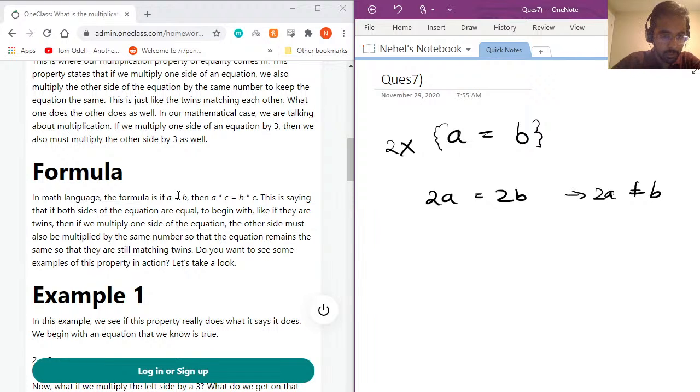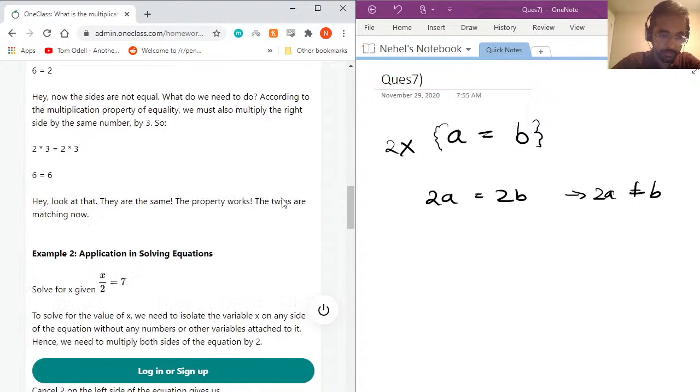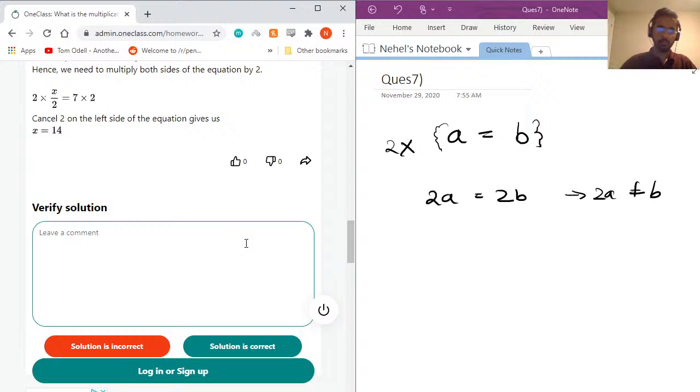So A equals B, then A is saying that both sides of the equation to begin with, like they're twins, multiply one side by something, the other side must be multiplied by the same thing. So exactly what we did, we had A equal to B, and then our C is actually equal to 2, then we need to multiply it on both sides. So this solution is correct.